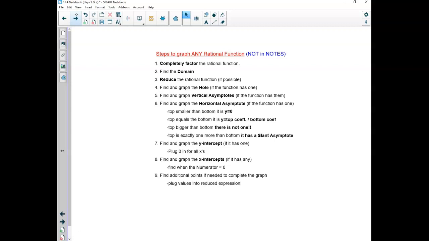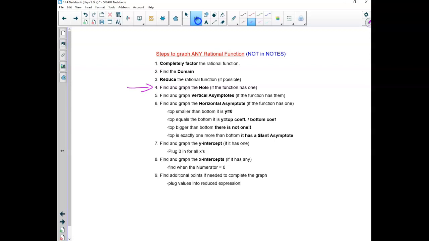Second, I'm going to reduce that rational function. Any factor with an x in it that reduces out is going to be a hole in your function. So that's why I find my holes right away. You find your hole by plugging that value for x that reduced out into your reduced function. That gives you the precise location of the hole.